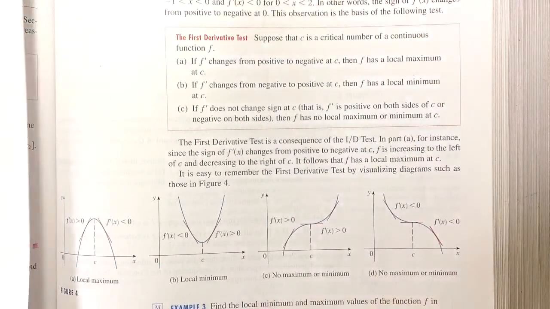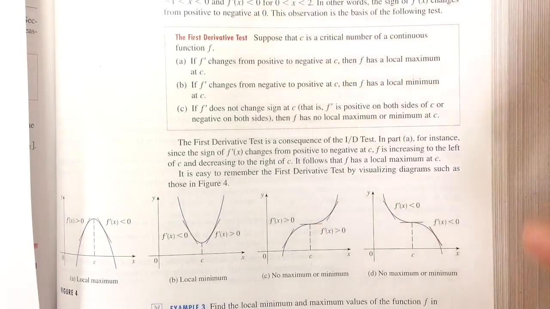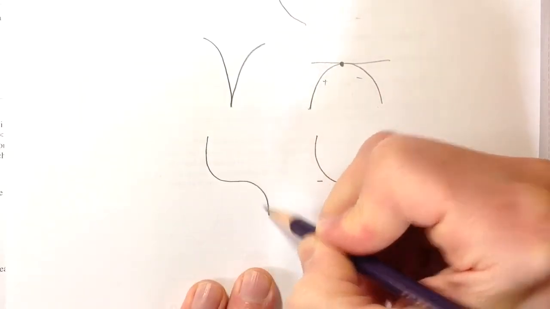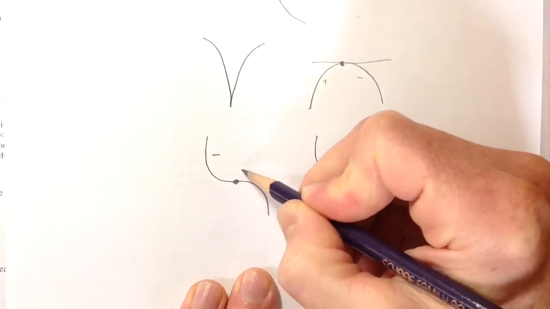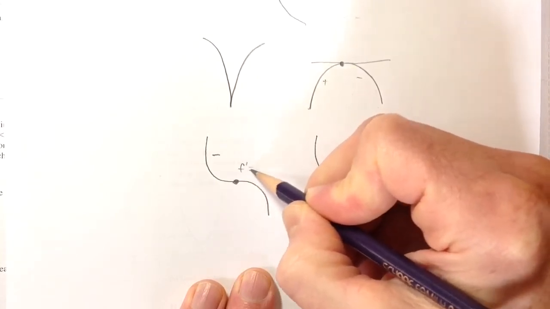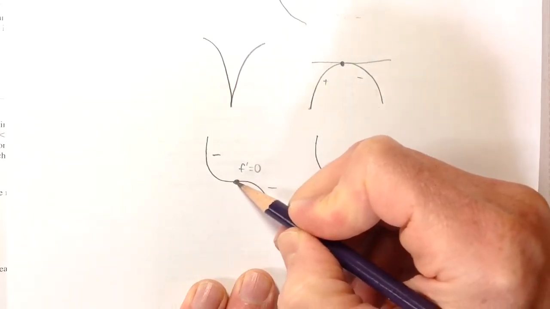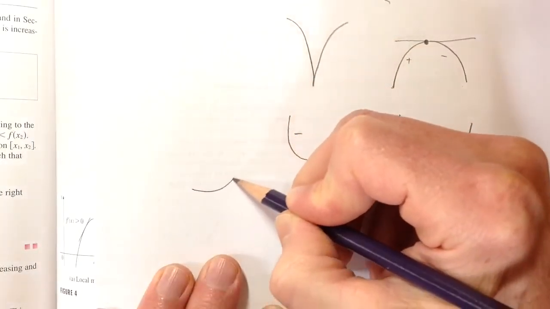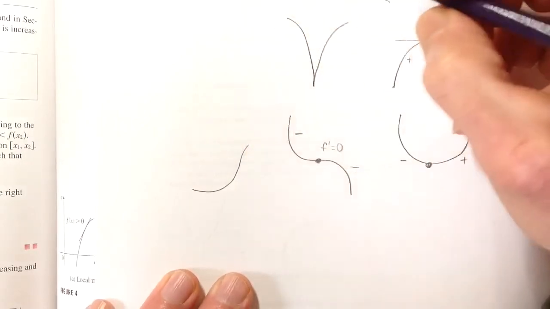Okay, that makes sense. And then if it does not change sign, then it's not a minimum or maximum, and that's again one of these things where the slope is negative and it's still negative, and right there the slope is 0, right? F prime is 0, but it's not a minimum or maximum. So one of those points, it goes negative, negative, or it could go positive to positive if I drew it like, yeah, I always have a hard time drawing these.